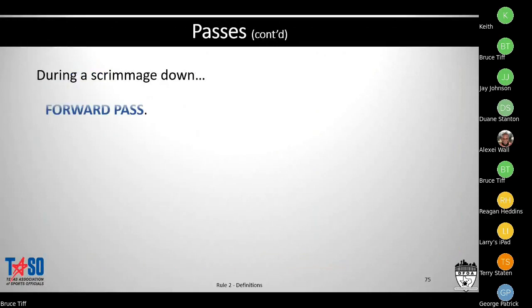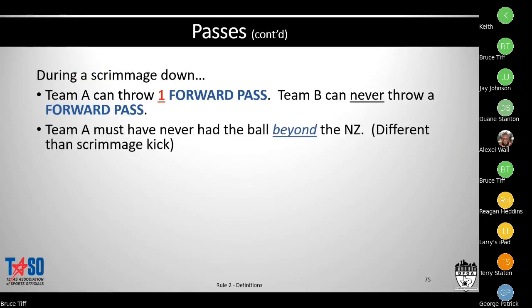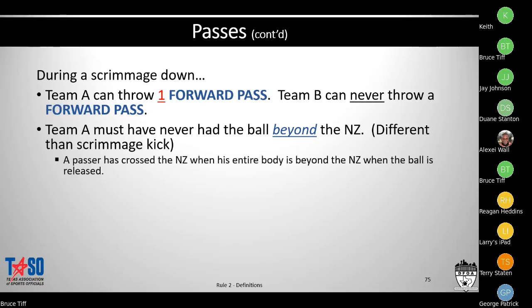During a scrimmage down, Team A can throw one forward pass. Team B can never throw a forward pass. Only Team A. Team A must have never had the ball beyond the neutral zone. Different than a scrimmage kick. A passer has crossed the neutral zone when his entire body, foot, toenail, I don't care what it is, entire body is beyond the neutral zone when the ball is released.